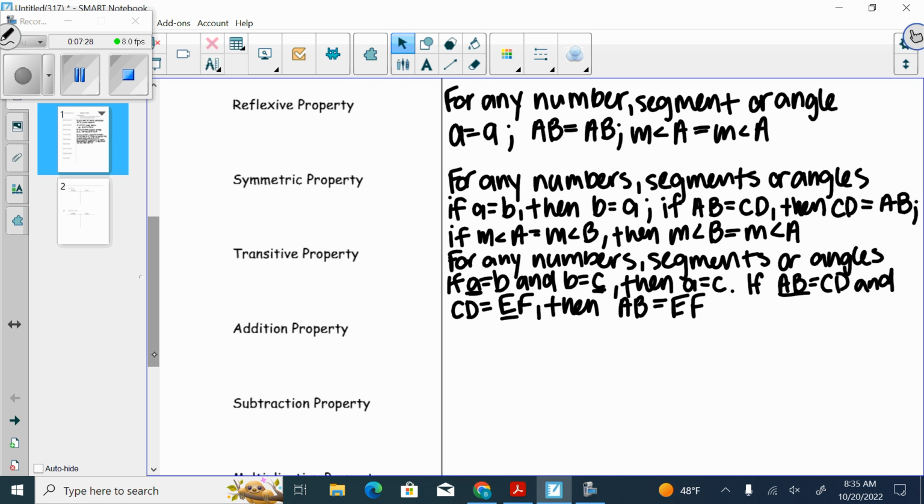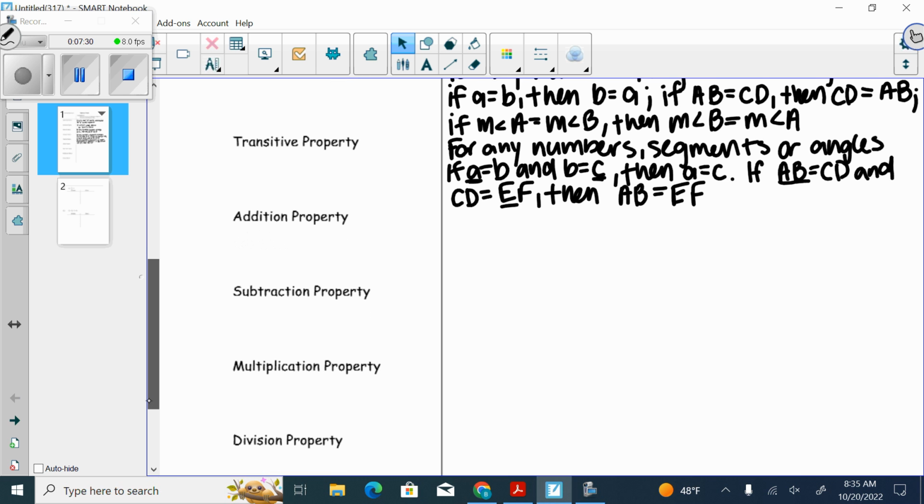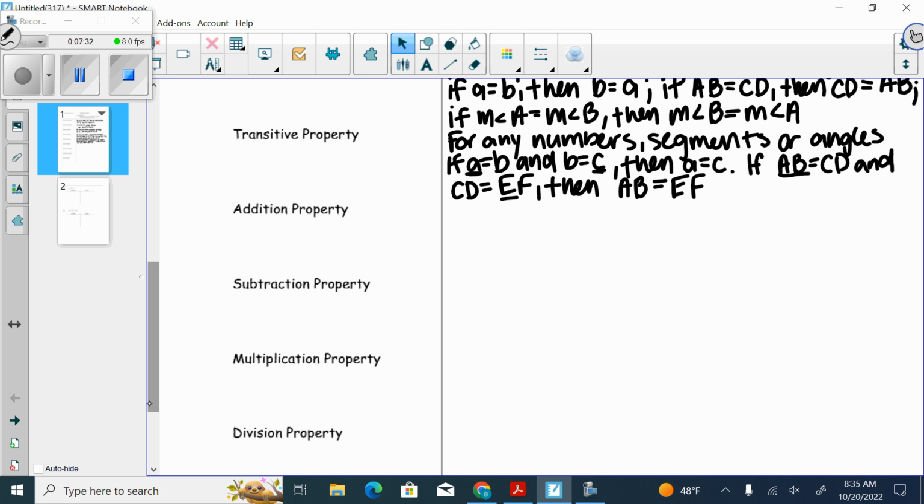All right, and then these are pretty specific to our algebraic proofs. Like we were saying, whenever you're solving an equation, you add something to one side or subtract something to one side. That would be these properties here. Okay, so the first is our addition property.